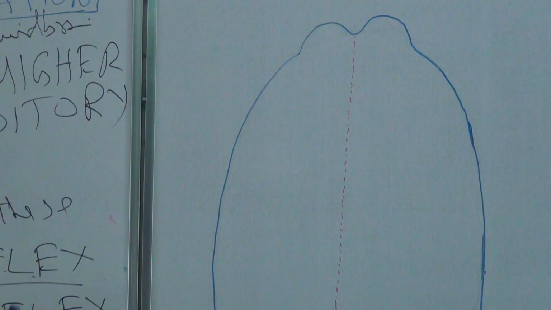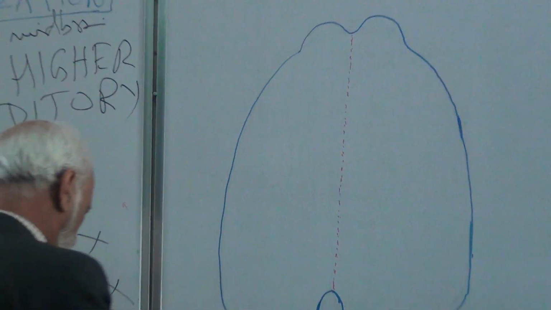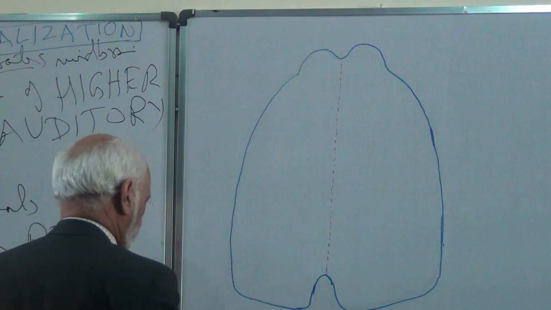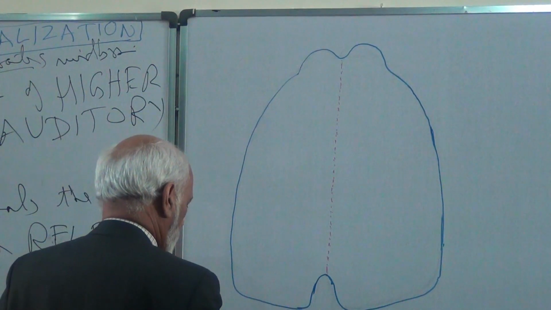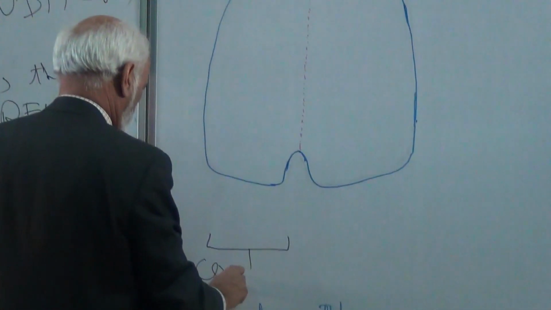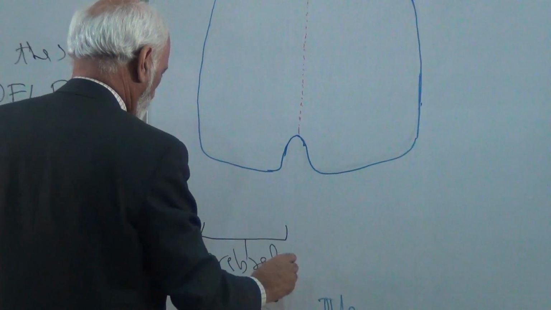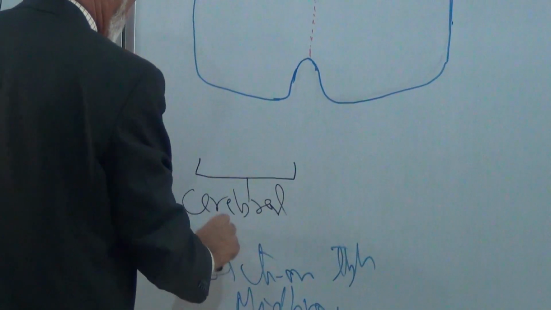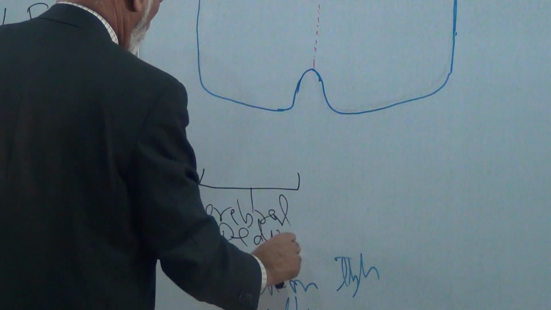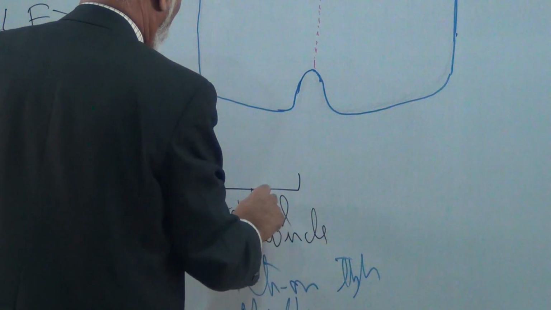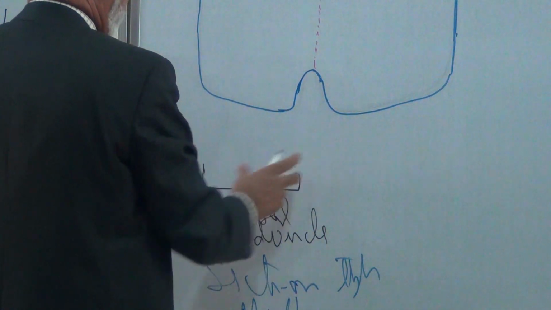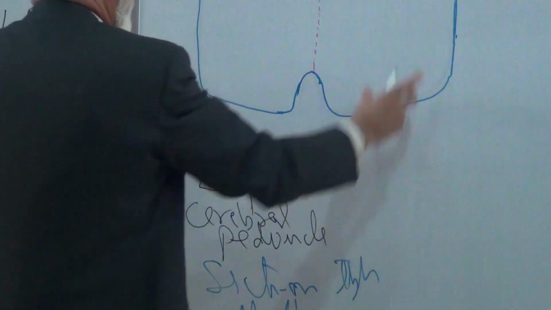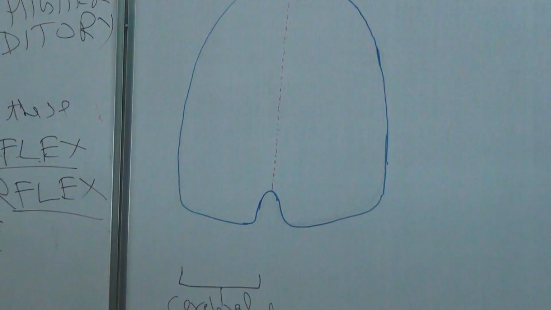Each half of the midbrain is known as the cerebral peduncle. This is the right cerebral peduncle and this is the left cerebral peduncle.